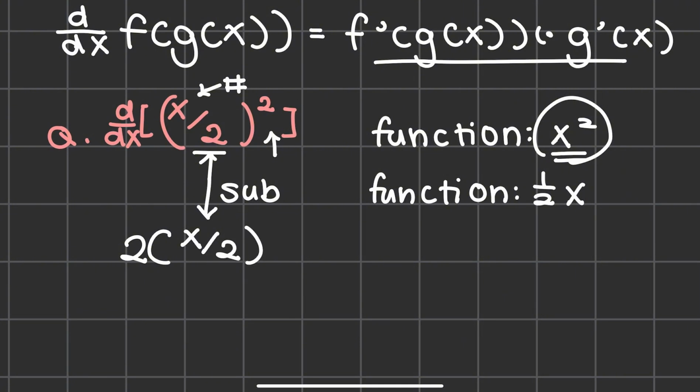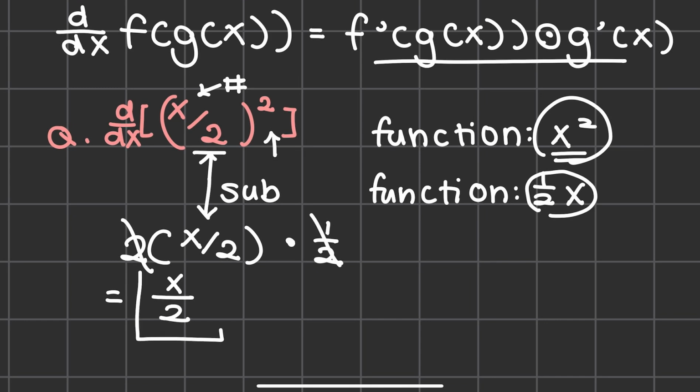And that is multiplied, since that's the formula, by the derivative of 1/2 x, and that would just equal 1/2. Okay, so let's simplify this. 2 and 1/2 cancel out, so the answer is just x over 2. And that's your answer.